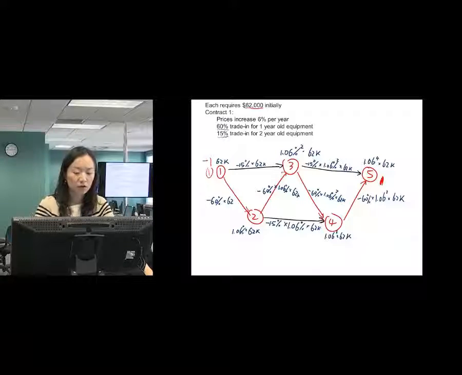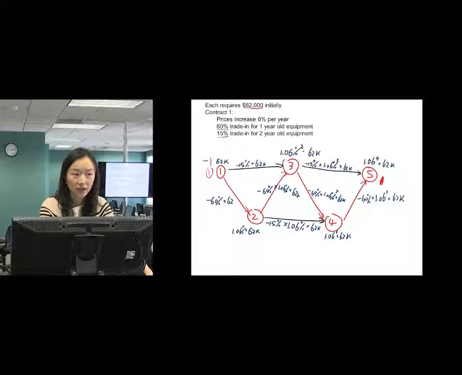Okay, so now with this, I hope you now see why I put the equipment purchase cost on the node, and why the trading values on the arcs. It's because we have those different combinations that we can go. But whichever way we go, if you are going to go through a node, that means you are trading that year.